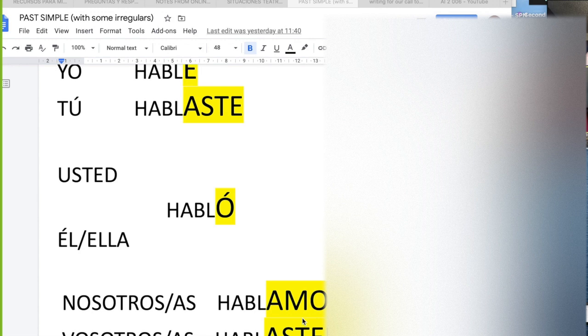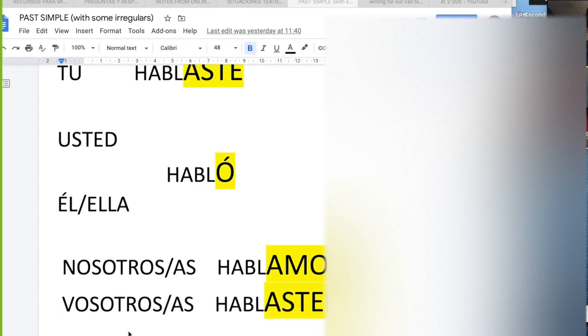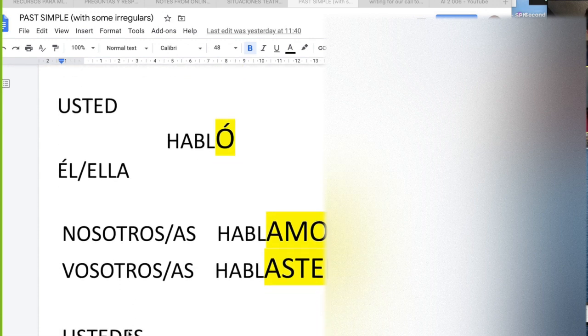Vale, Hannah, ¿con cuántas personas has hecho el campeonato? ¿Cuántos amigos has hecho el campeonato de robótica? Con 5 amigos. ¿Con 5 amigos?